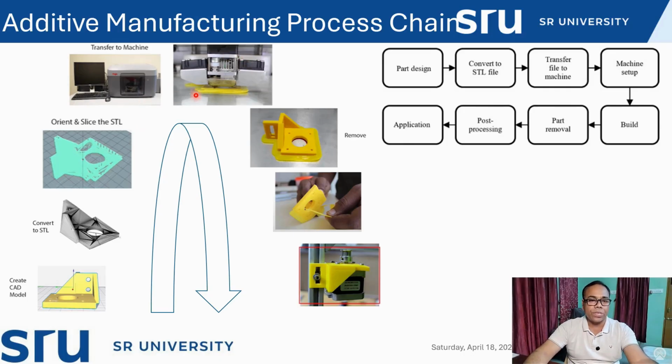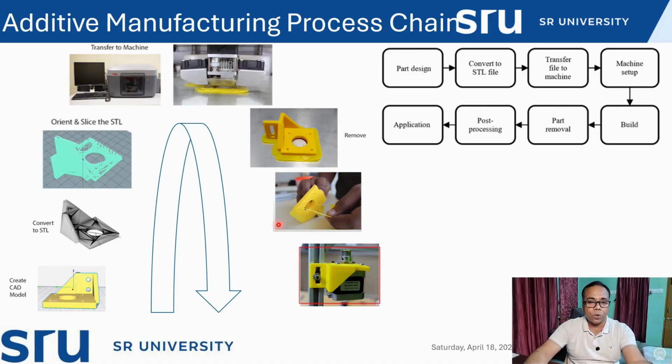So here you can see that printing is happening. After that, one can see the part is printed, and this final product is printed on the build platform, and from the build platform it has to be removed. The part has to be removed from the build platform for the actual operation, or maybe the secondary operation like post processing.